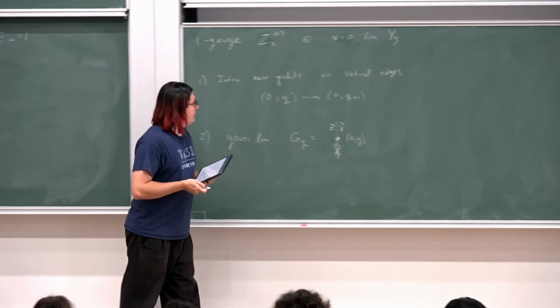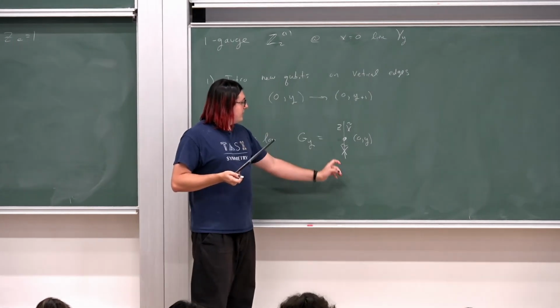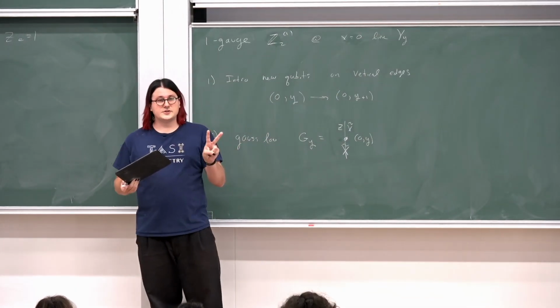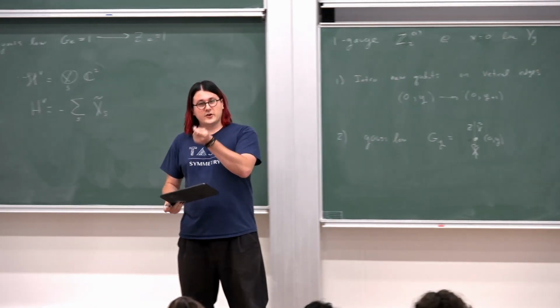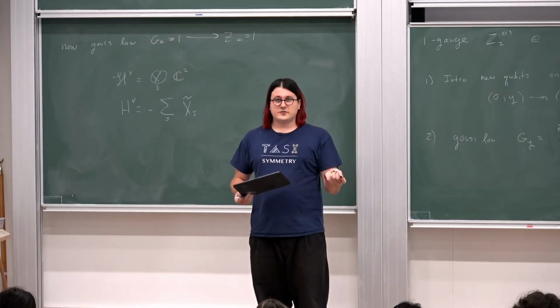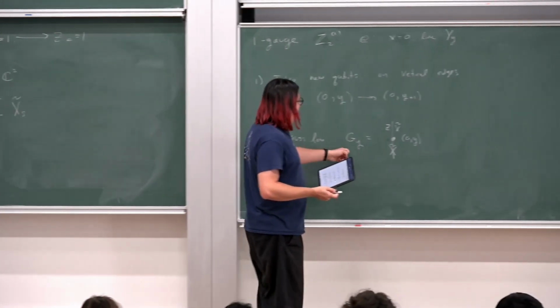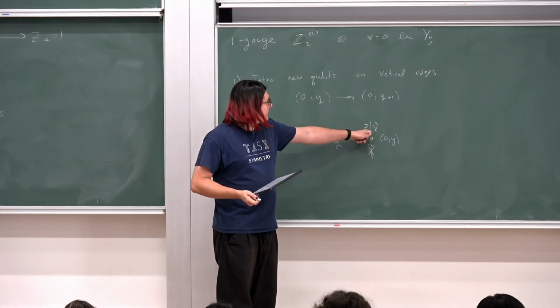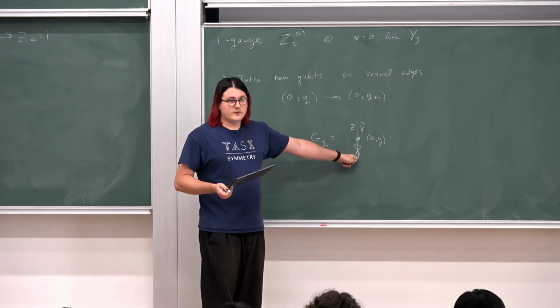Okay. So remember, on the vertical links along this row, there's 2 qubits per edge. There's a qubit on every edge I started with, and there's a new qubit I just introduced. And now this Gauss operator is going to act by Z on one of these qubits, and act by X's on the new qubits I just introduced. So that's the Gauss law.